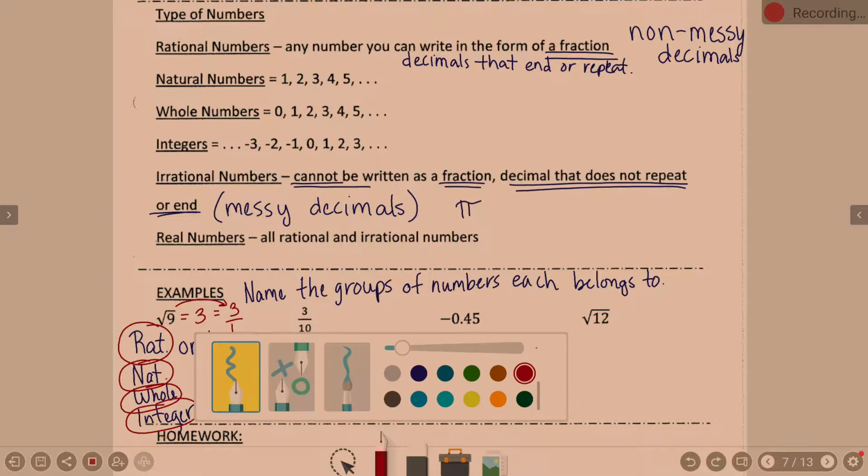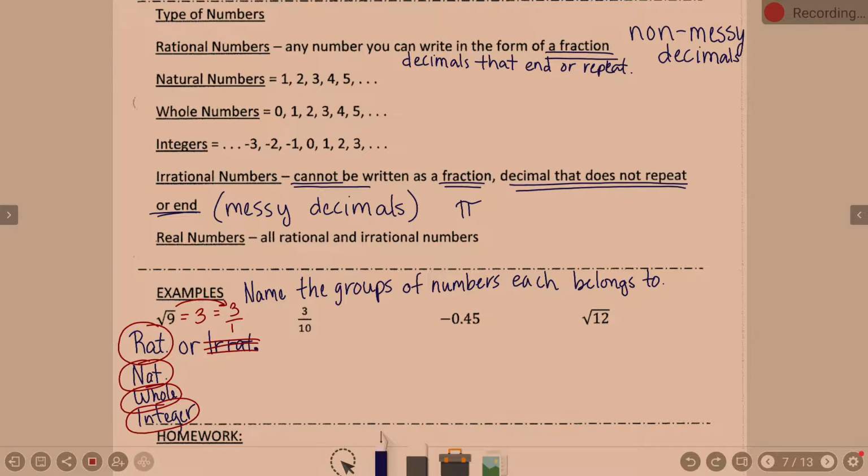Okay. Next one. Same questions. We're going to start off here in a moment. Is it rational or irrational? And then after we decide that, we're going to ask natural, whole, and integer. Okay.